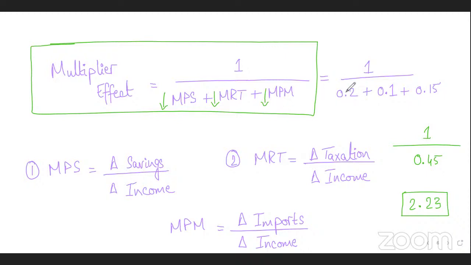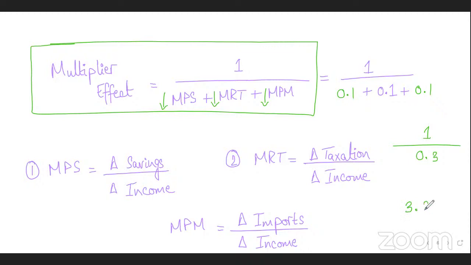If instead of 0.2 this had been 0.1, and the imports had also been 0.1, now this gives you 1 over 0.3. The value in the denominator decreases, so 1 divided by 0.3 will give you 3.333. So your overall multiplier effect changes to 3.333.